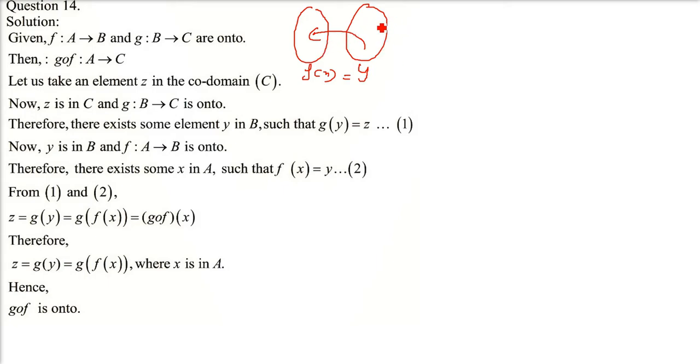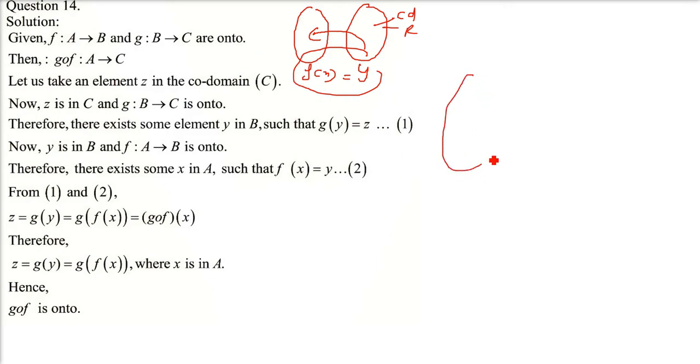The second thing is, we will not use this concept, but codomain and range should be equal. Okay, now you see. So we are going to make g∘f. If finally we can make g∘f from somewhere, then it is onto.